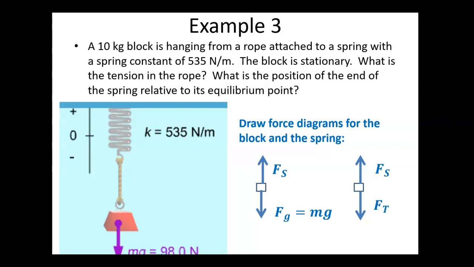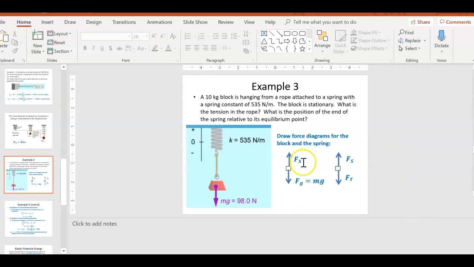So if we considered force diagrams for both the block and the spring, the block has a gravitational force pulling it down and a tension force pulling it upward, the tension of the rope. And the spring, actually, so I'm going to just fix this.